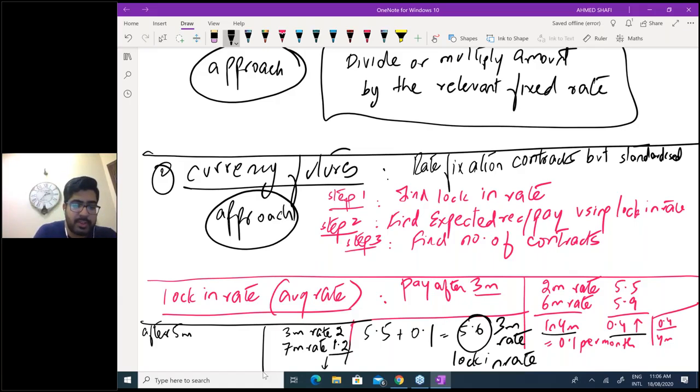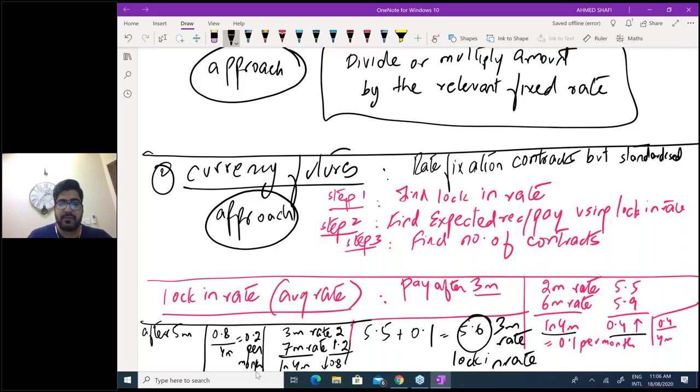It's falling by 0.8 in how many months? 4 months. So if you check per month, it's 0.8 divided by 4 months, so falling by 0.2 per month.